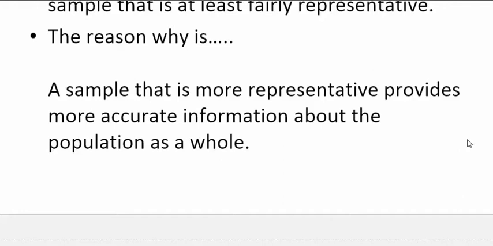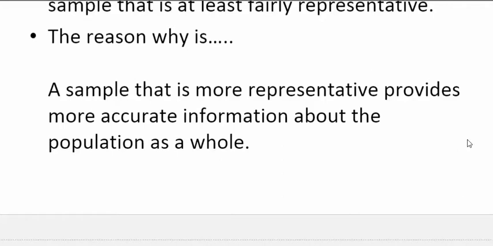Here's example number two. If a researcher wanted to know the mean hours that a student exercises per week at a certain university, the researcher wouldn't want to go to the university's fitness center and ask a bunch of people there, how many hours do you exercise per week, and then calculate the mean or average of that sample, because that sample is going to be full of people who go to the fitness center, and those people typically exercise more than average, which means that the mean of the sample is probably going to be higher than the mean of the entire university, because the researcher isn't getting any of the people who don't bother to go to the fitness center, right?